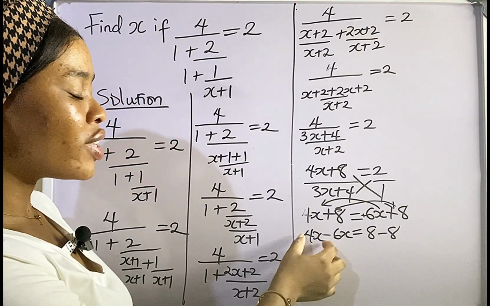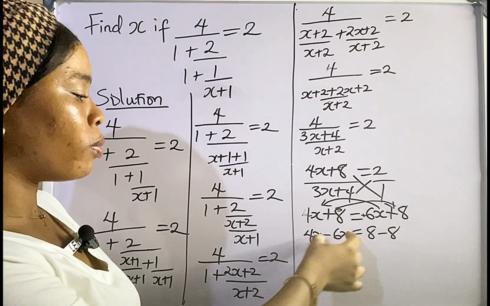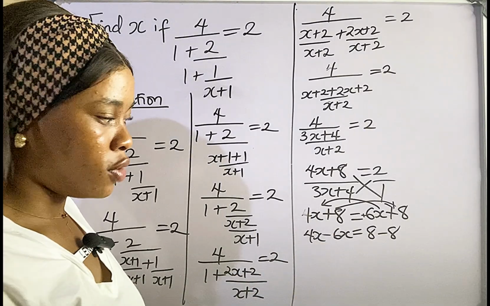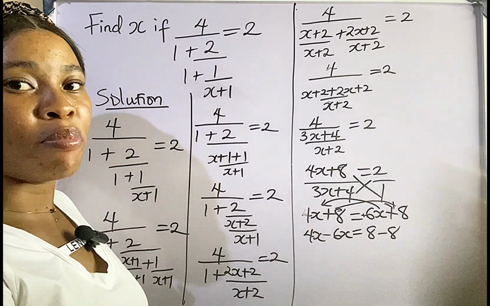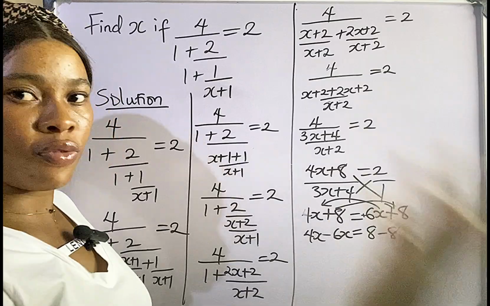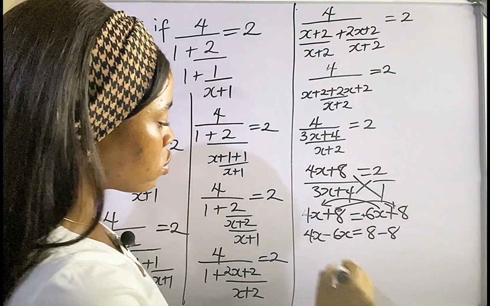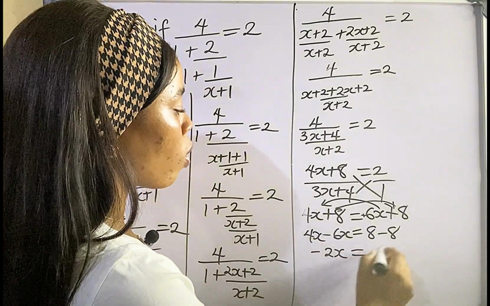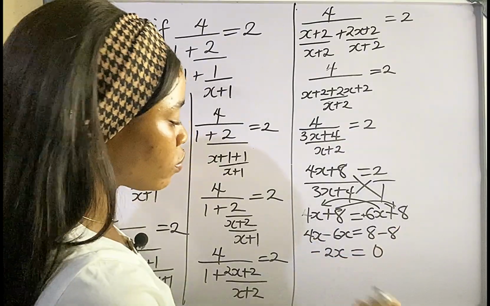Now you're removing a bigger number from a smaller number, so the difference is going to be negative. Whenever you're removing a bigger number from a smaller number, the difference is negative. So this becomes minus 2x equals 8 minus 8, which is 0.